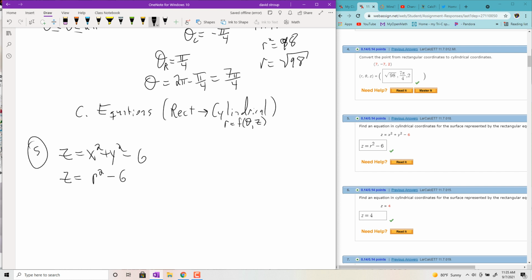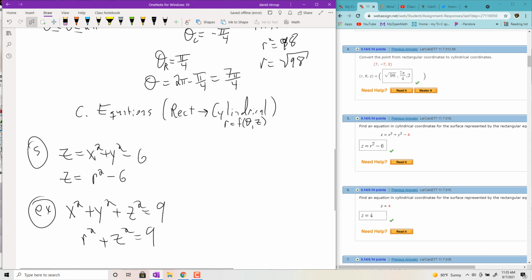And the computer is good with that answer. You can literally just put that in and it's happy. For example, for the equation of an ellipsoid, x squared plus y squared plus z squared equals 9, you could literally just replace the x squared plus y squared with r squared, so r squared plus z squared equals 9, and that would be your answer.